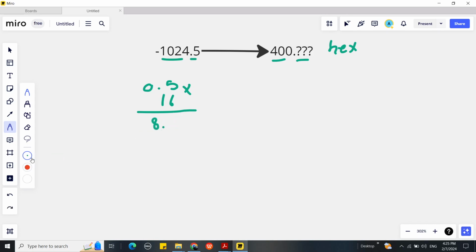When the decimal part of the multiplication result is 0, this means the end of the operation, and we get that 0.5 in decimal is actually 0.8 in hexadecimal. So I'm just going to change these question marks to 8.